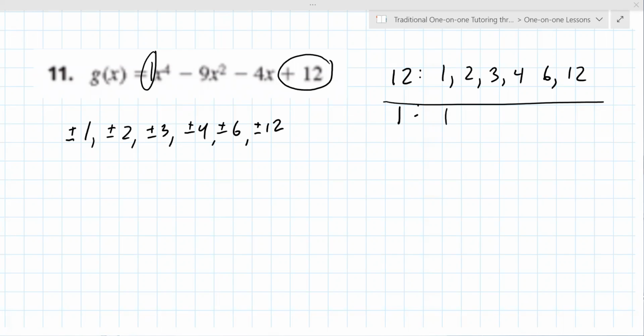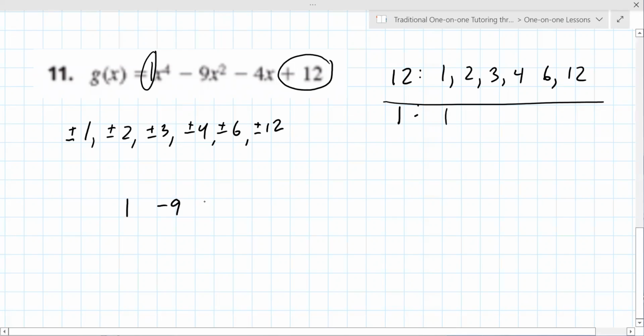So let's try, well, actually, let's write the coefficients: 1, -9, -4, and 12. And then we're going to try -2. Are you comfortable trying the synthetic division?